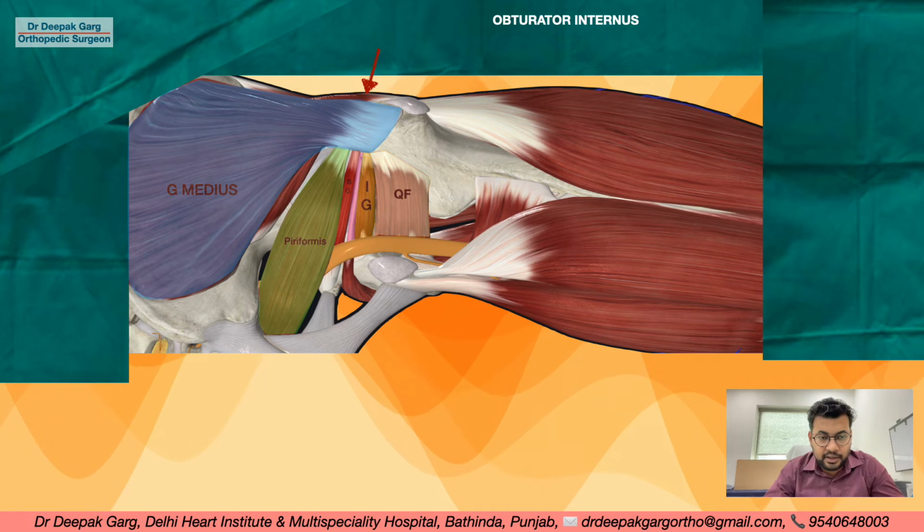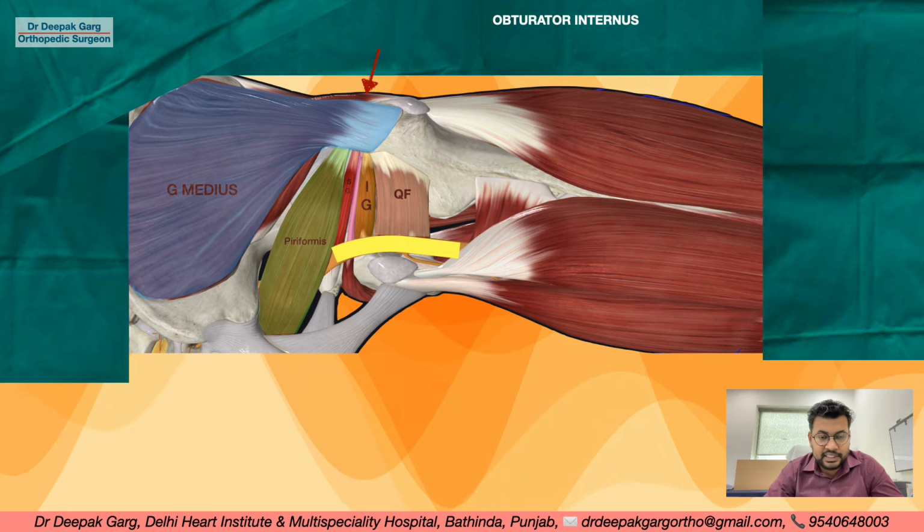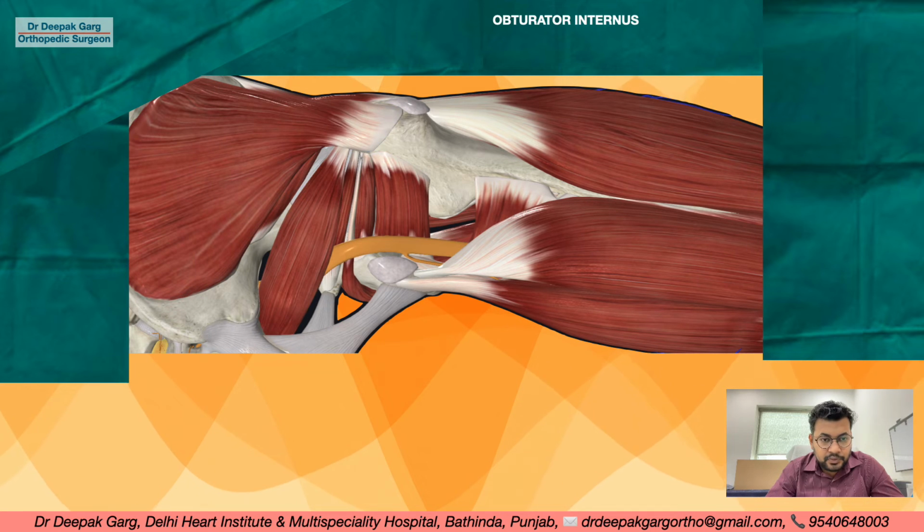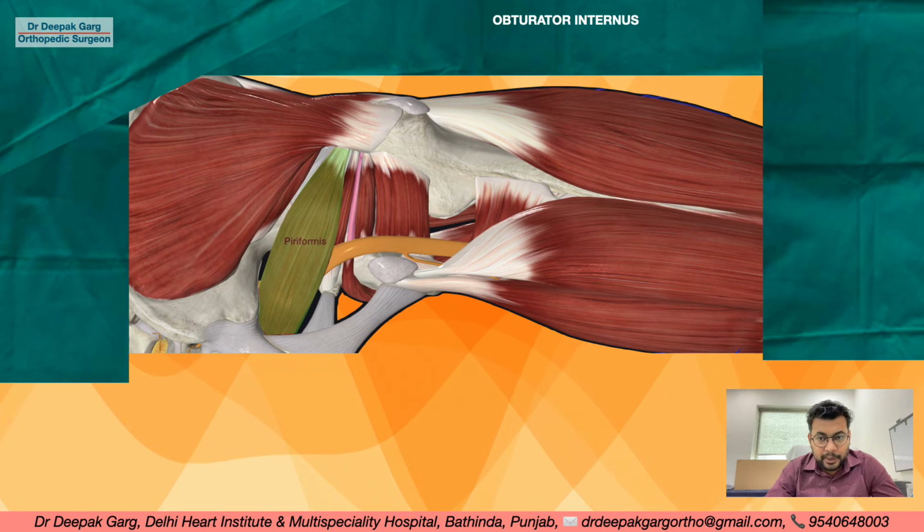As we can see here, this is the sciatic nerve. So we can see that the sciatic nerve is lying posterior to the external rotators except the piriformis, and it is lying anterior to the piriformis muscle. So in this approach, we will try to preserve the piriformis muscle.